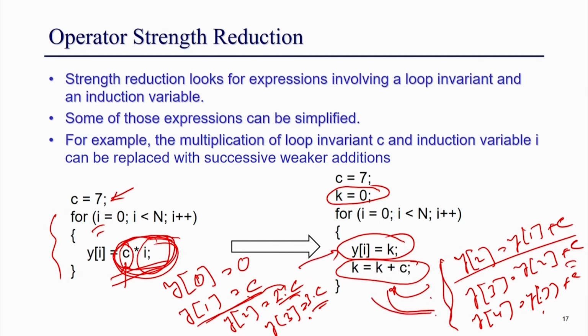What I am doing is replacing a costly or complex operation, the multiplier, by an addition operator, and this is applicable inside the loop. This specific kind of strength reduction looks for expressions involving a loop invariant and an inductive variable, and in these cases the expression can be replaced by a weaker addition operation.